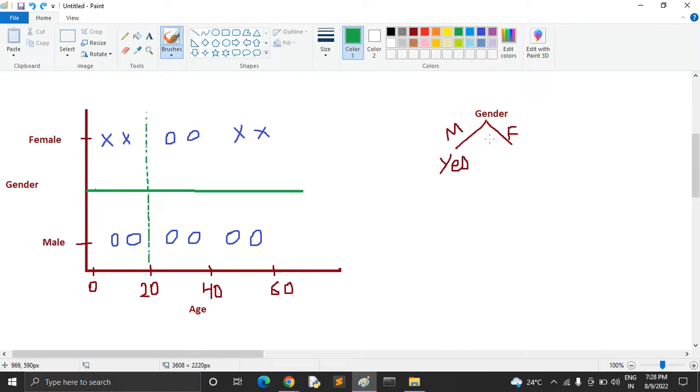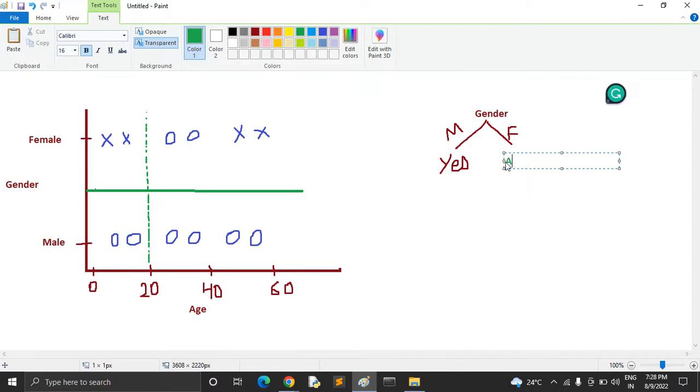So at first the decision tree will create a hyperplane based on gender: if the gender is male, they will like the movie, and if the gender is female, the algorithm will select the next feature as age. The next decision boundary will be created using the age feature.